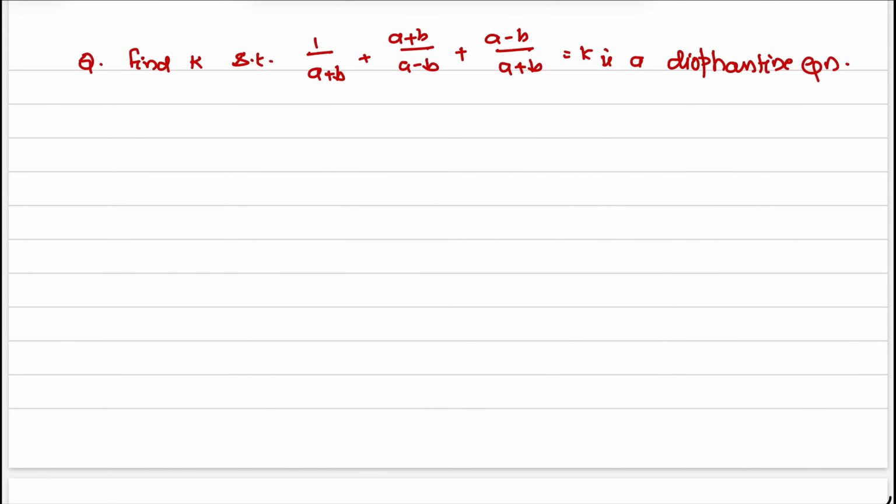Except this, nothing is given. Diophantine equation means a and b should be integers, and the k value is an integer. We have to find the k value as an integer.